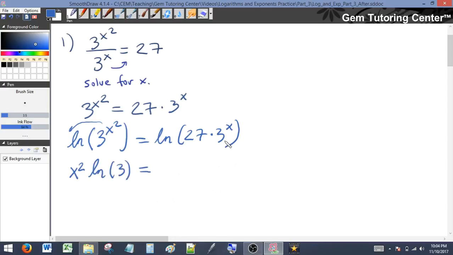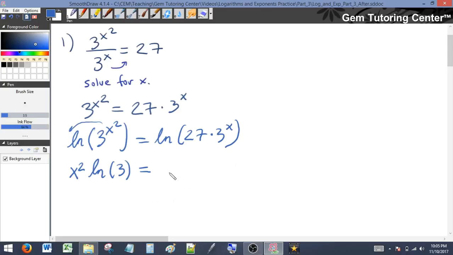And then on the right side, we can't do the same thing with the x here, because 3 to the x is not the only number in the ln expression. There's a 27 as well. So what we're going to try to do is see if we can find a common base between 27 and 3 to the x, so that we can pull out the exponent, as we did on the left side.